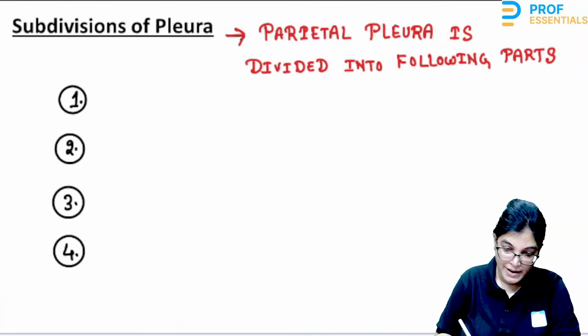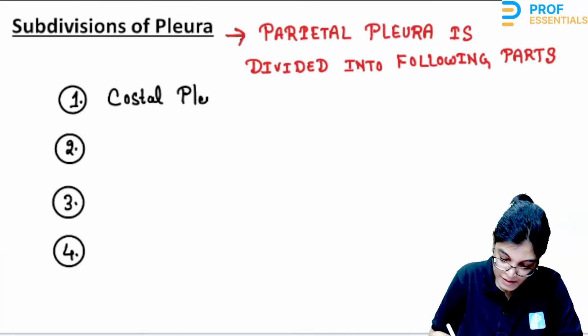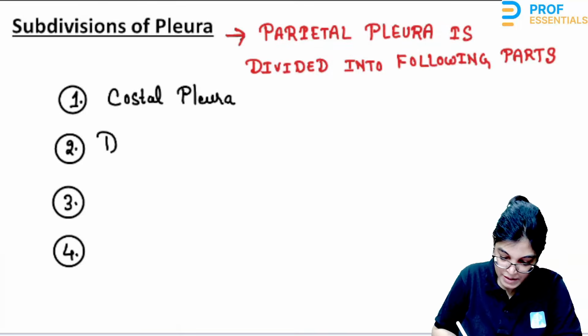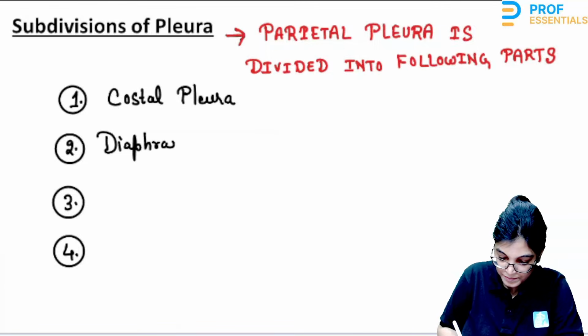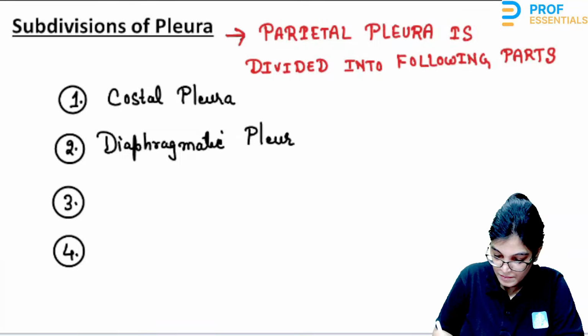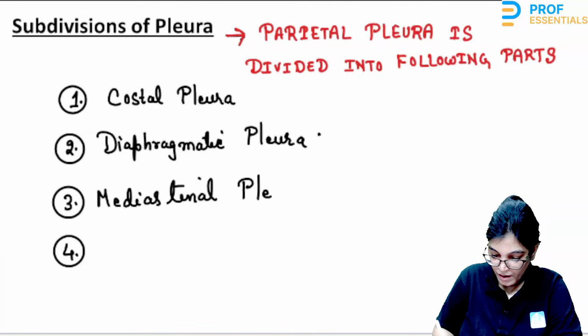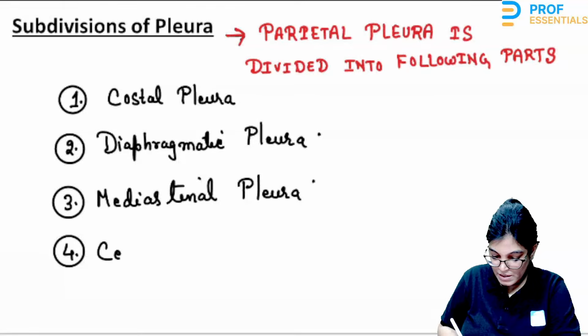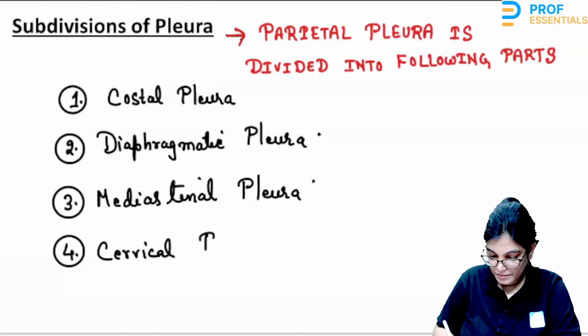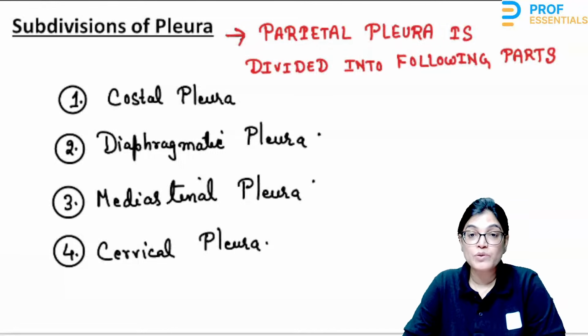What are these? We have the costal pleura, the diaphragmatic pleura, the mediastinal pleura, and the cervical pleura. These are the parts of the pleura which you have to understand.